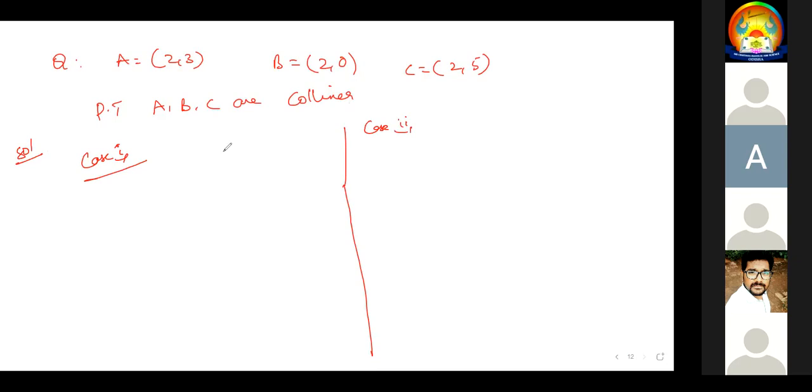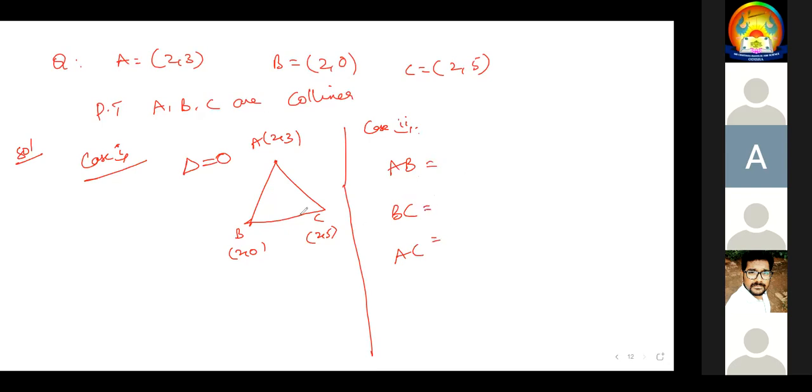Case 1, we can prove using the area of a triangle equal to 0. Please find it out. In the same scenario, calculate AB, BC, and AC. Any two of the distances should add up to the third distance.